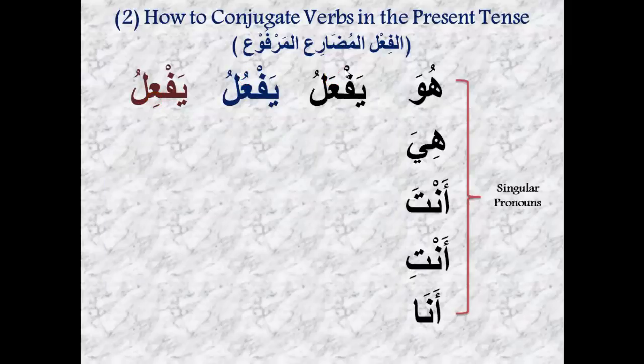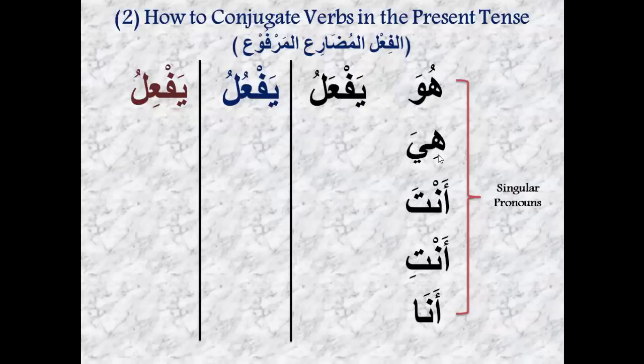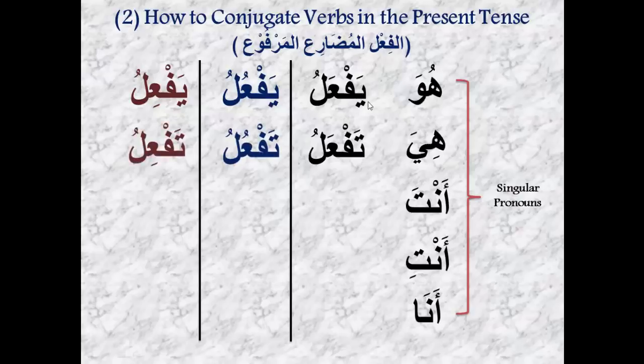Beginning with the singular pronouns, we have on the top huwa, and the 3 different middle vowel variations, yaf'alu, yaf'ulu, or yaf'ilu. Hiya, which means she, is conjugated as taf'alu, or taf'ulu, or taf'ilu. Notice how we've swapped out the ya for a ta, taf'alu. Anta, which means you masculine, is taf'alu, just like it is with hiya. Exact same. Taf'alu, or taf'ulu, or taf'ilu.